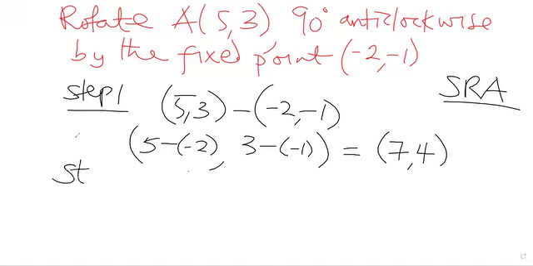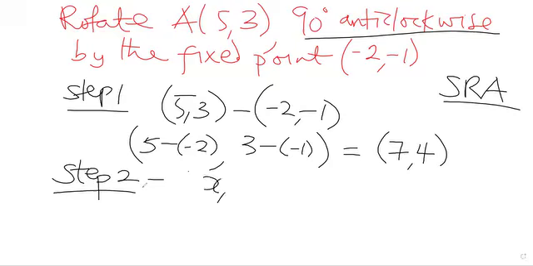So I quickly go to step two. In step two, what I'm supposed to do is to rotate this 90 anti-clockwise. So how is 90 anti-clockwise rotation done? You saw from what we did that it is (negative y, x). If you don't get the formula right, your answer will be wrong.